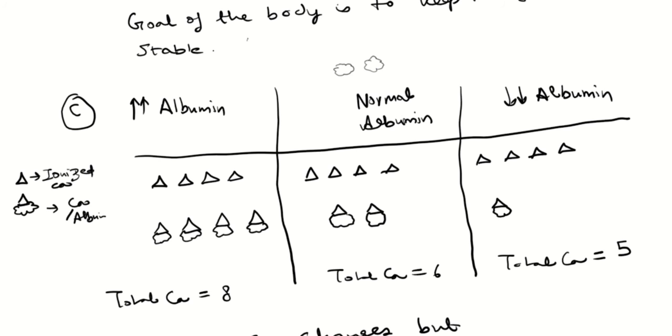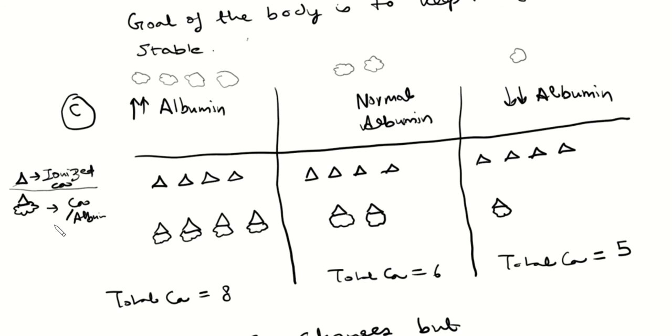That's normal, okay? I can have a patient with a higher albumin, so I show four albumins. Or I can have a patient that has low albumin, and I just have one albumin molecule here. Okay, great. Now I am also showing my ionized calcium with a triangle here.